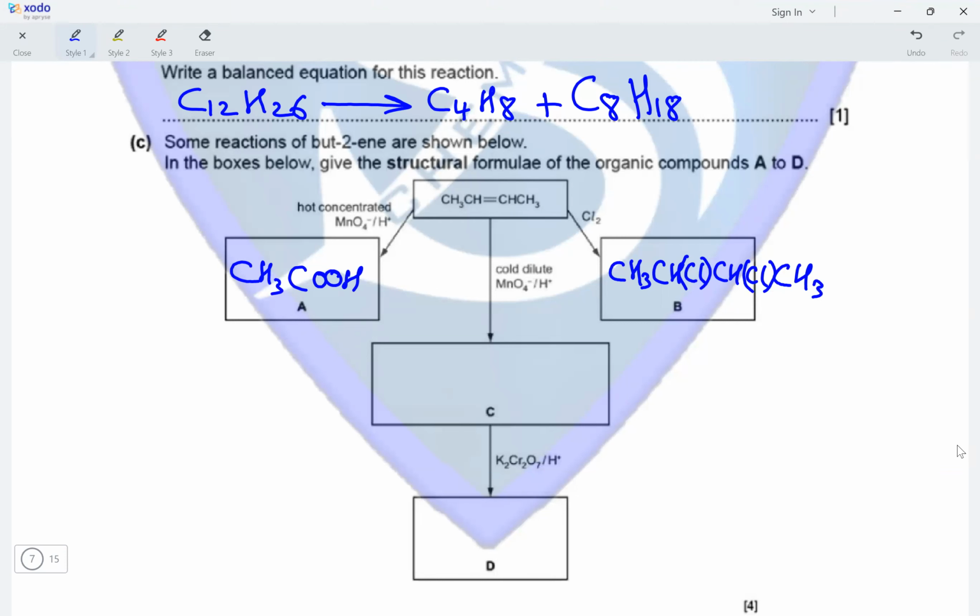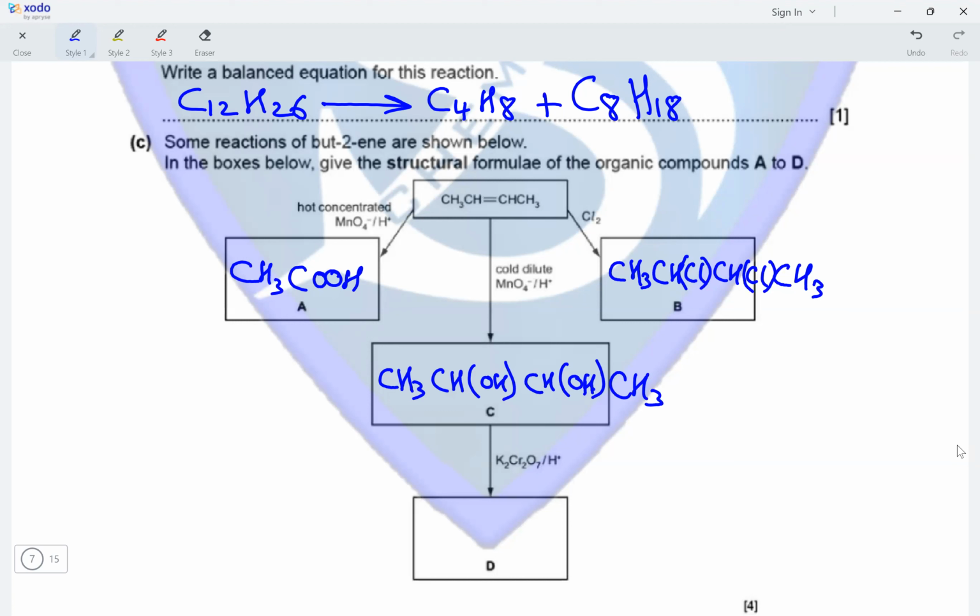dichlorohalogenoalkane. For product C, we've got butene reacting with cold dilute acidified KMnO4, which results in the formation of a diol. So this would be CH3, CHOH, CHOH, and then CH3. And when this compound is heated with acidified K2Cr2O7, oxidation will occur.